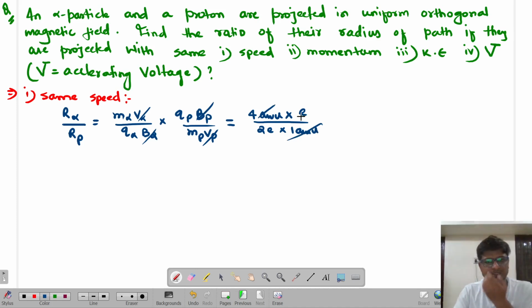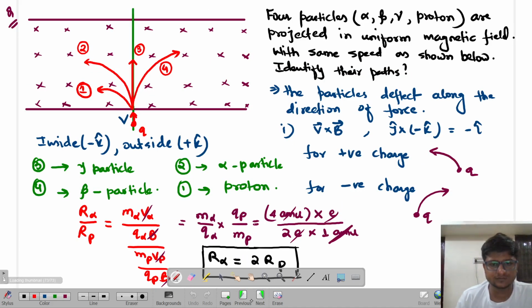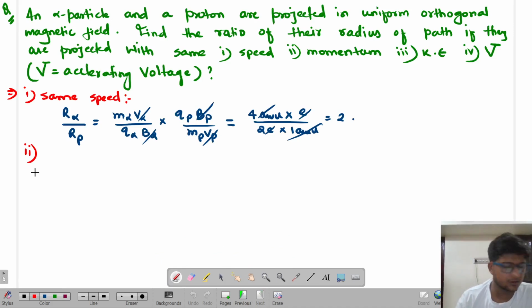So E got cancelled, it is 2. So if they are projected with same speed, the radius of alpha particle with proton is 2 or not.